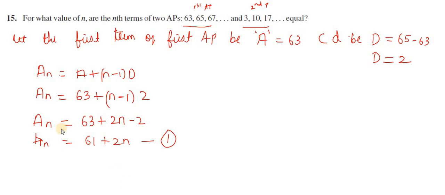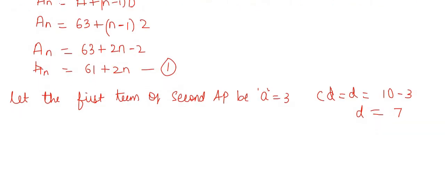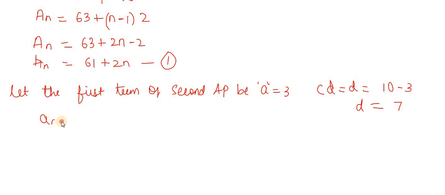Next, let the first term of the second AP be small a, which is equal to 3, and the common difference d is equal to 7. Now we'll find small an. So an is equal to a plus n minus 1 into d. Now substitute the values. The a value is 3 plus n minus 1, as it is, and the d value is 7.